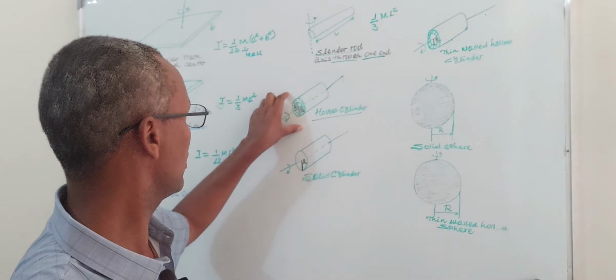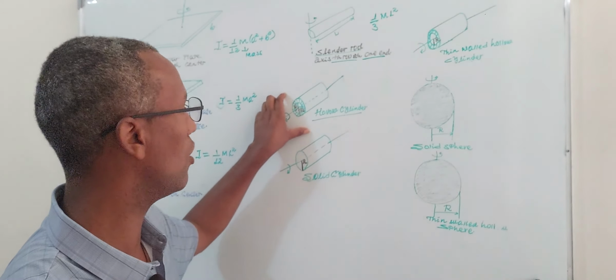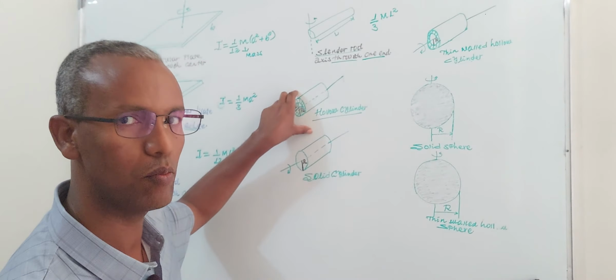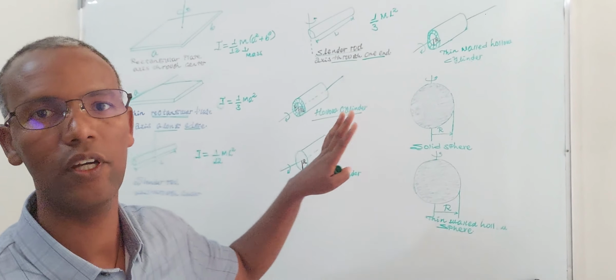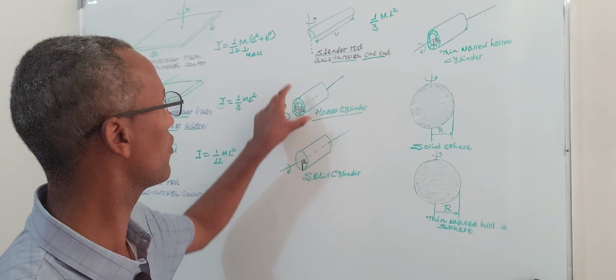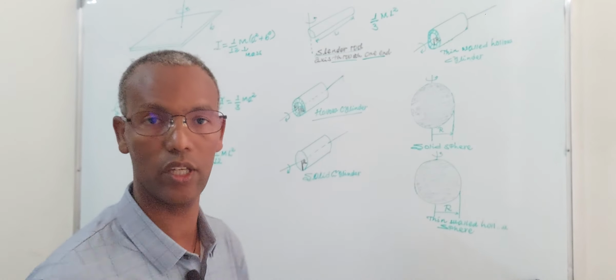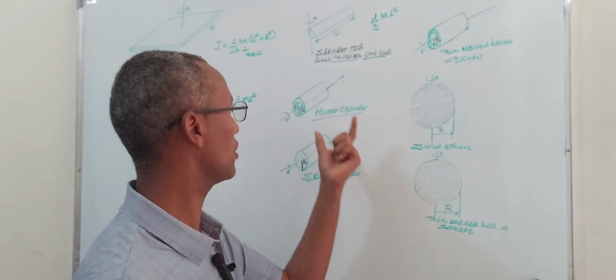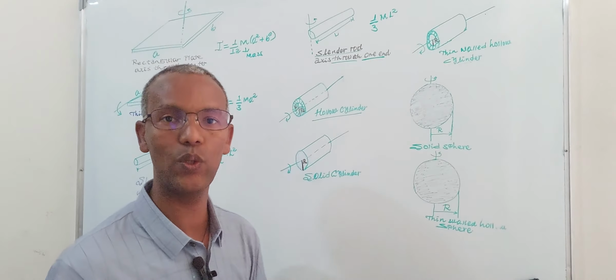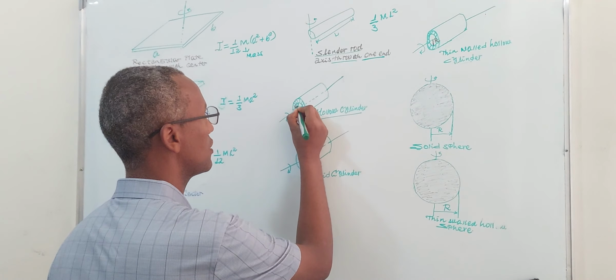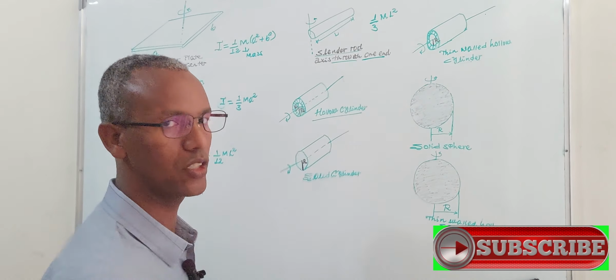The next one is a hollow cylinder. Maybe I can share a PDF with you, and you can also refer to different books. This is a hollow cylinder with two radii, R1 and R2.